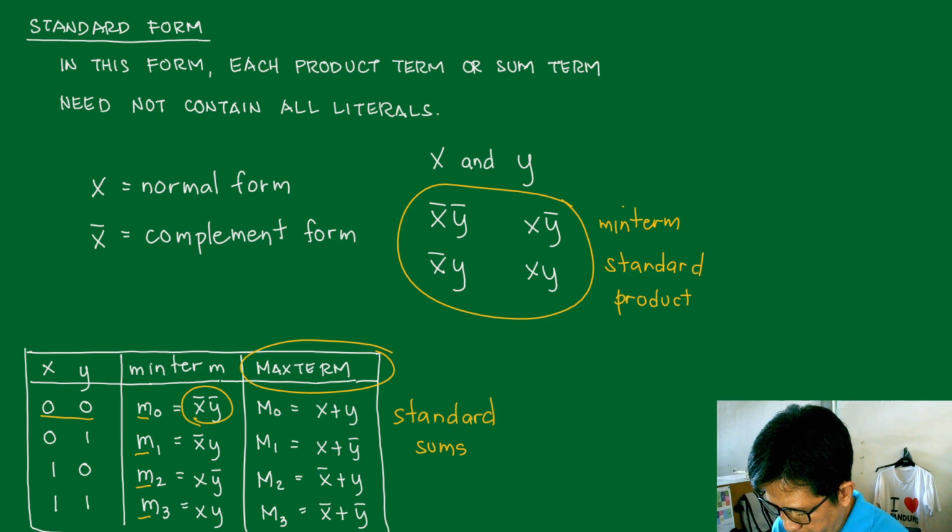For the max term, the sum terms are in normal form even if the inputs are set to 0. Only it will be in complement form, like at the last row, if the inputs are set to 1.